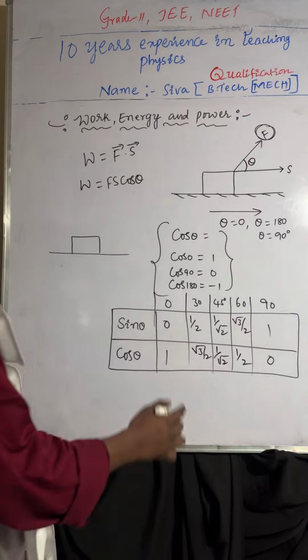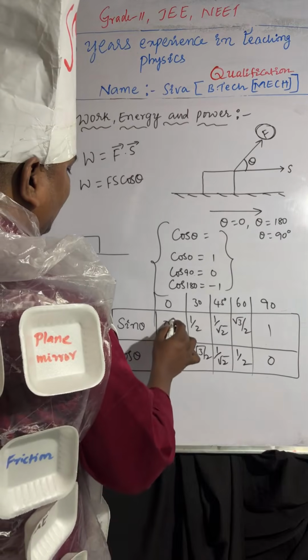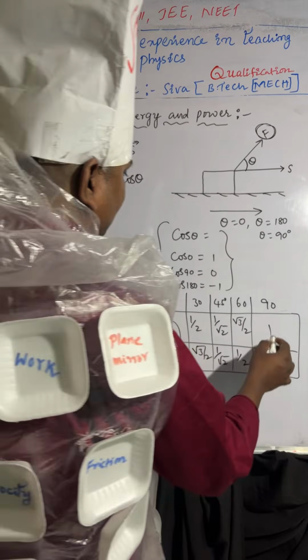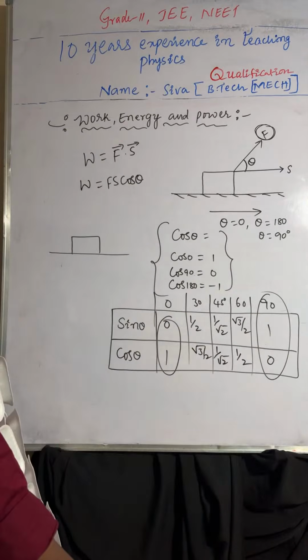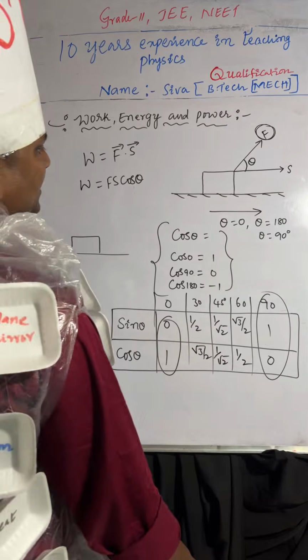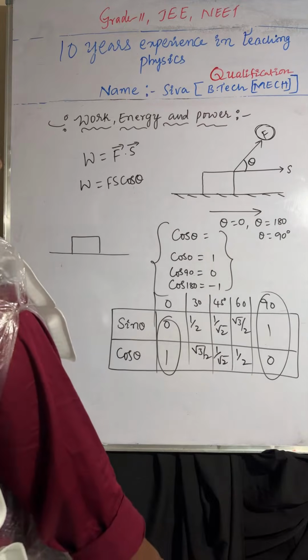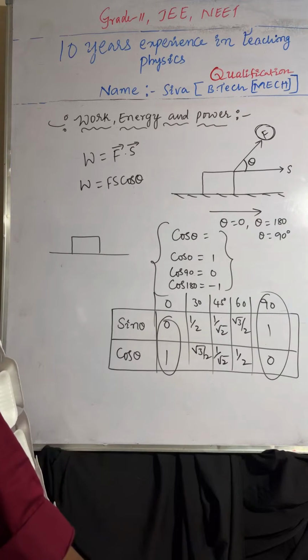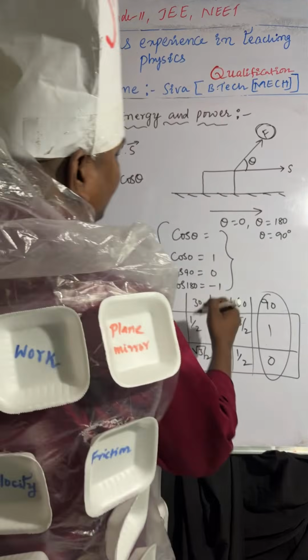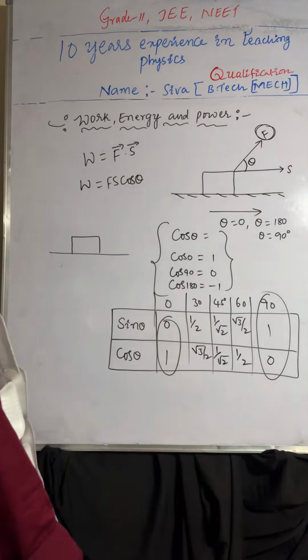So we are using these values: cos 0, cos 90 and cos 180. Taking 90 plus 90, in the second quadrant cos will become sin 90, so minus 1 will come. That's why cos 180 is minus 1.